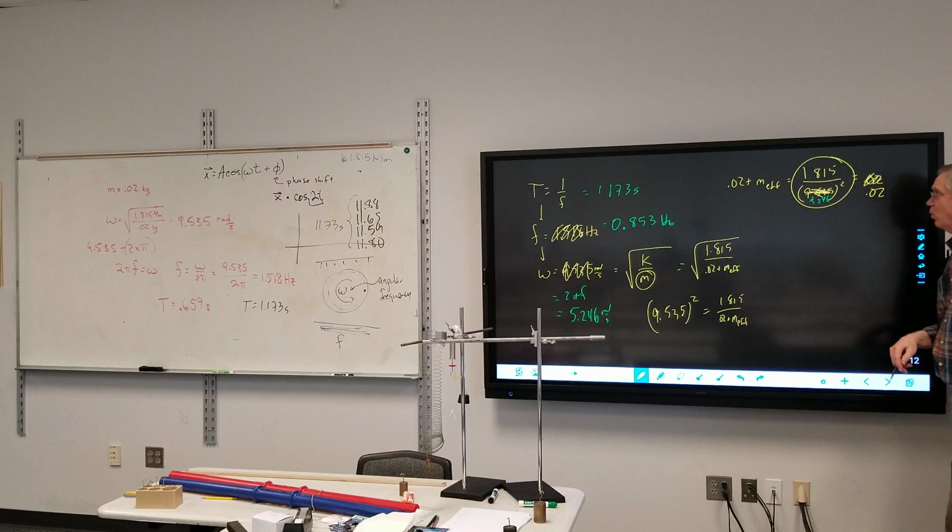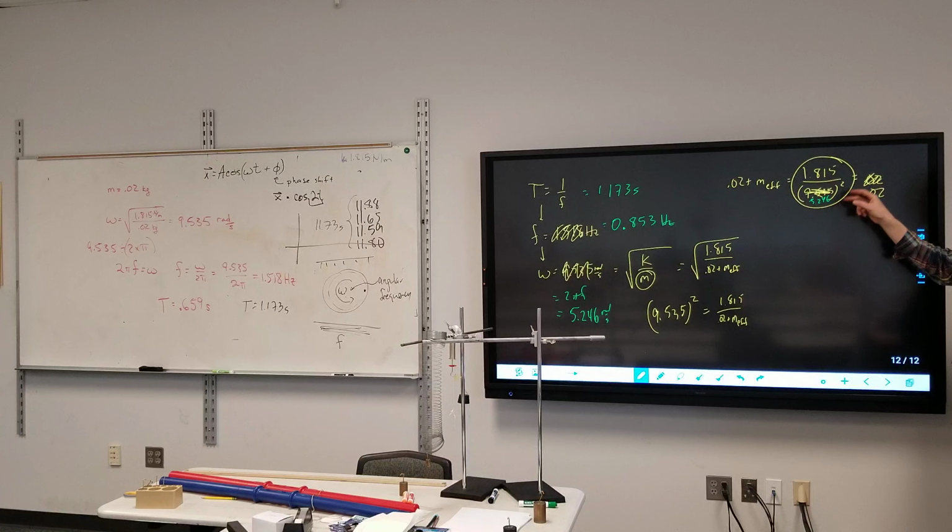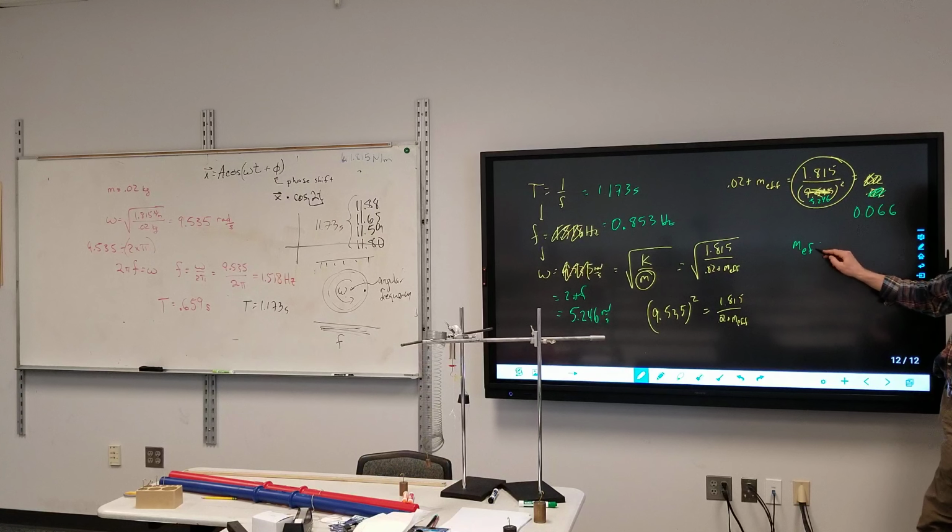There we go. All right, so 1.815 divided by 5.246 squared is 0.0666. So my effective mass, therefore, is 0.046 kilograms. So effectively, I've got an extra 46 grams hanging on that thing.